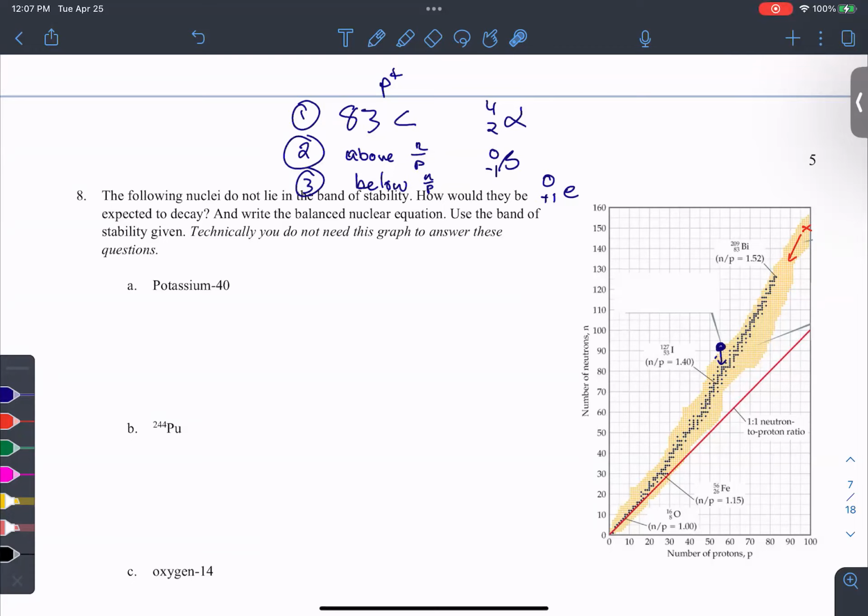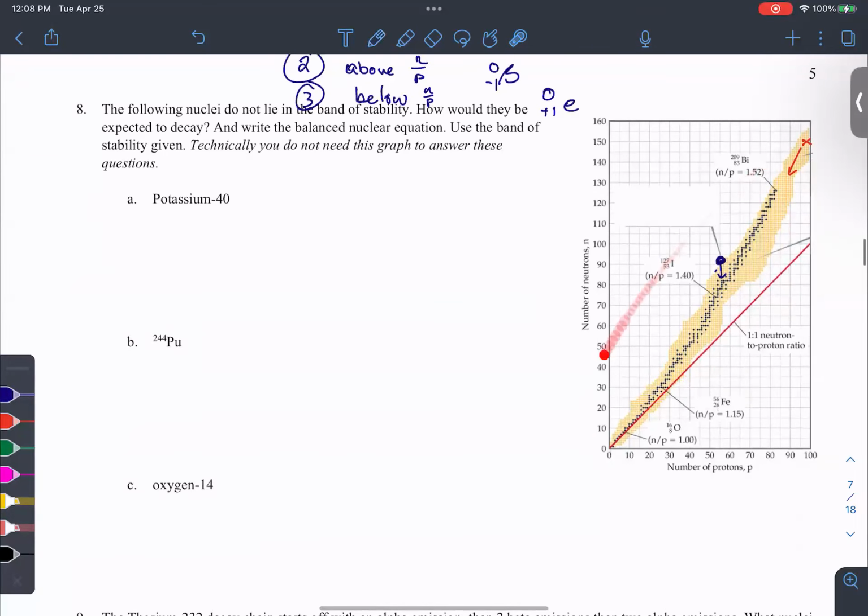In this example, I have the graph here, so you can see where it is stable, and whether you're above or below. But technically in all of these examples, it's quite obvious if you're above or below the belt of stability. Typically, at least for light atoms, the lowest neutron to proton ratio is 1, where there's an equal number of neutrons and protons. So if you have a neutron to proton ratio below 1, you are obviously under the belt of stability, because under 1 is never seen for stable nuclei.